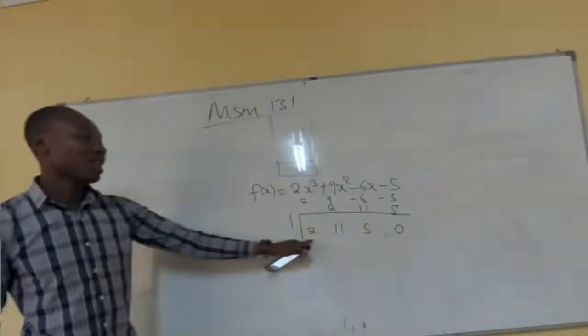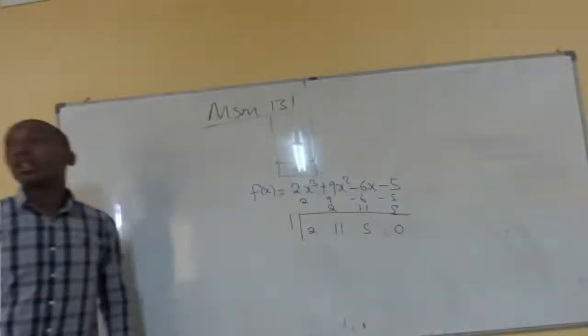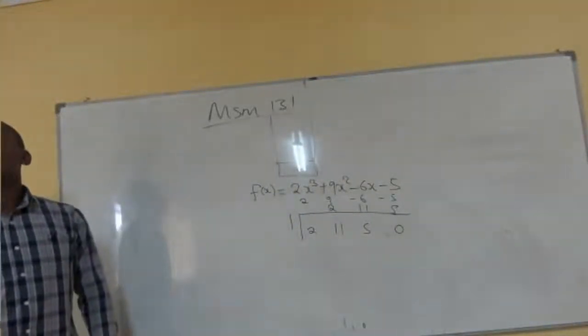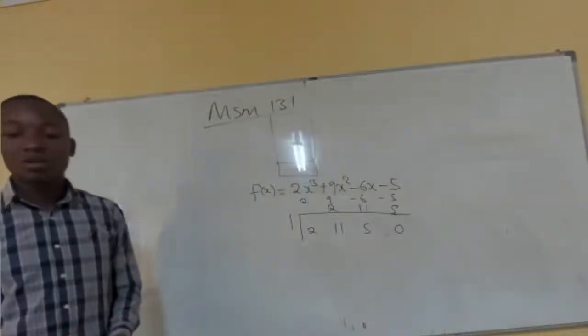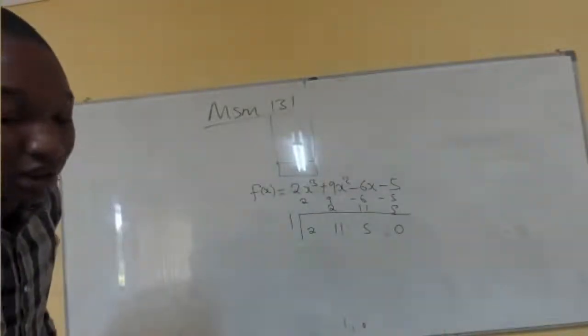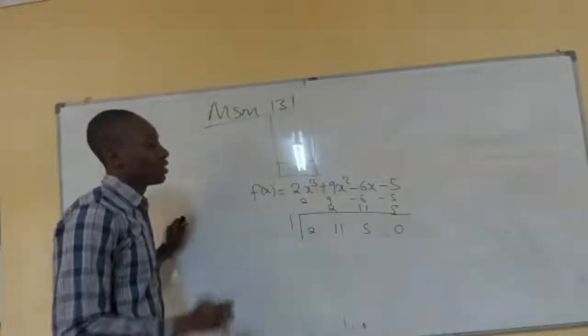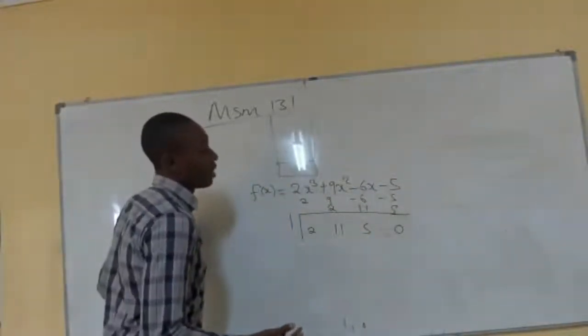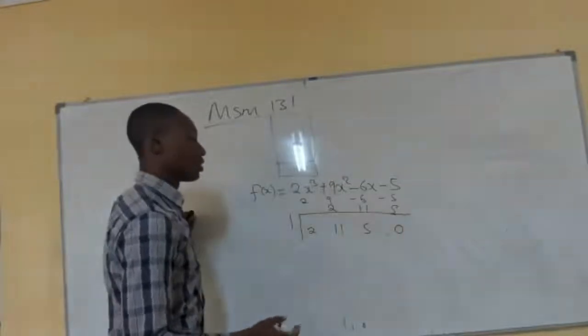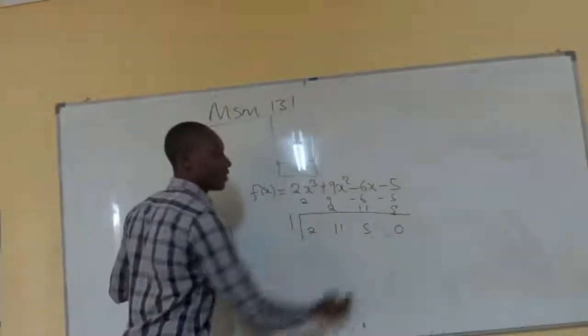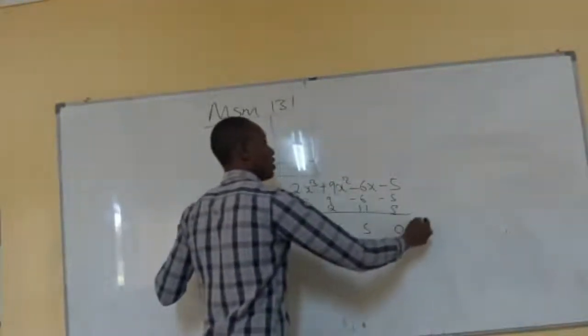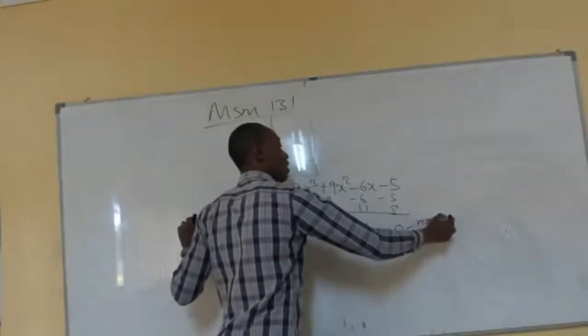Now, these numbers you are seeing here, which are the answers, are actually the coefficients of the quadratic equation in question, alright? So a cubic function, when divided by the first factor, produces a quadratic equation. These are the coefficients of the quadratic equation, where 0 is the remainder, okay?